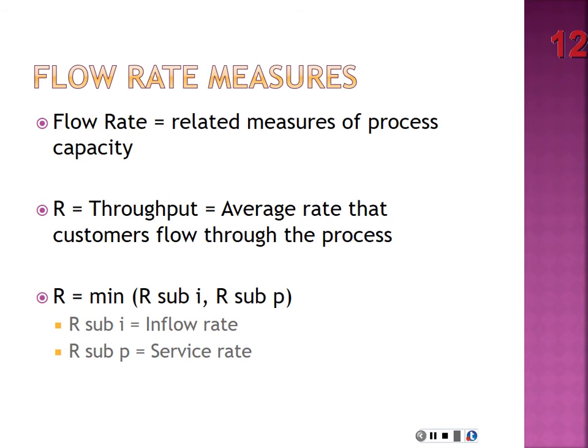Because if my inflow rate is lower than my processing rate, then my throughput is going to be equal to how many customers I have arriving. If my processing rate is the cap, meaning that it's not fast enough to process as many customers as I get, then that's going to equal our throughput.